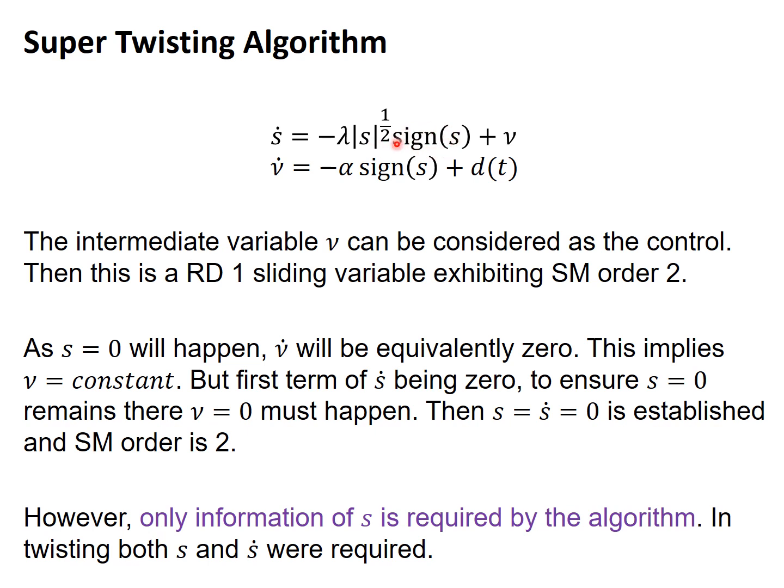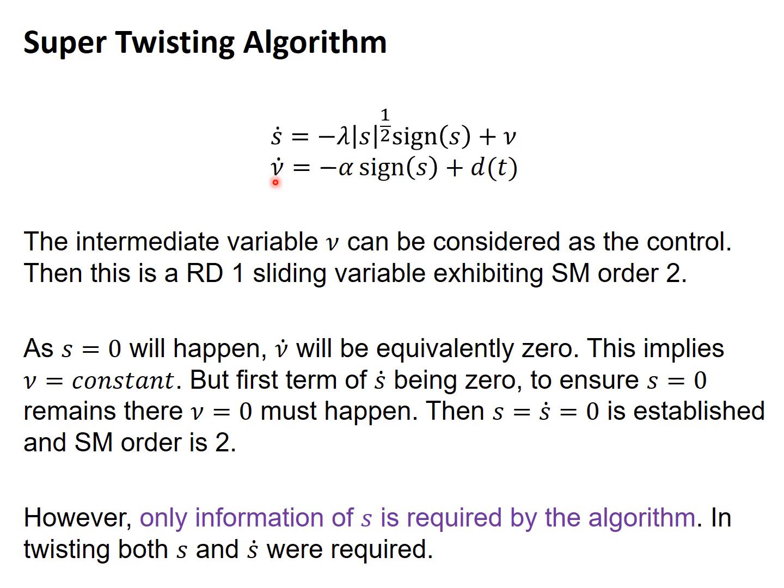There is a switching term, but this is not the discontinuity term, because this is not discontinuous in nature. Sign S multiplied by mod S to the power of half makes this a continuous function. It does not remain discontinuous anymore. So you can see that S dot does not contain discontinuity.